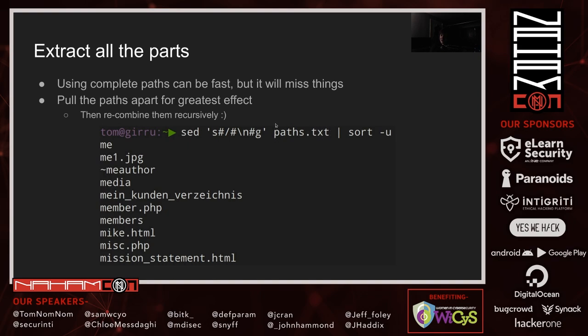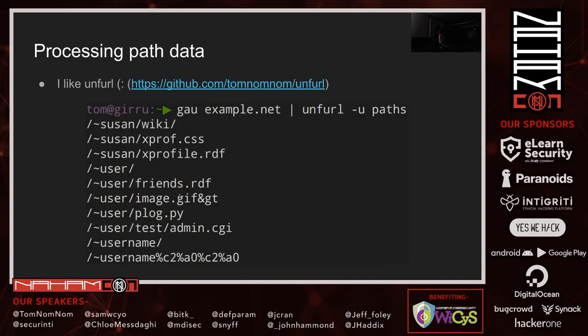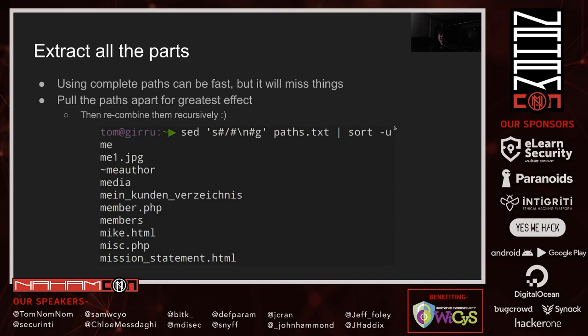And as an input to that, we use the paths.txt, which is just the saved output of the previous one. And because there's going to be lots of duplicates in there, so we know ~susan appears lots of times here, ~user appears lots of times here, we use sort -u, which sorts the output and removes the duplicates. It only gives you the unique outputs.